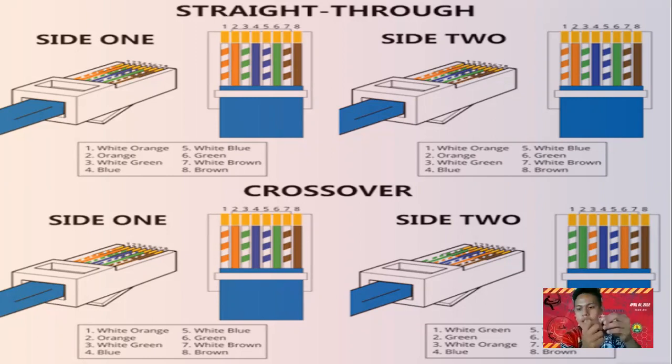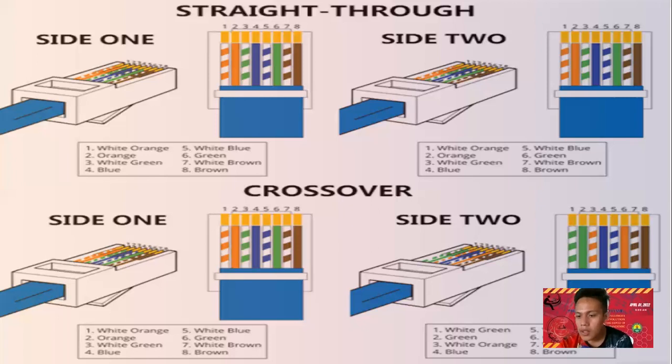So this is a type of straight through. One side of this one is straight through, the other side is straight through. So the color combination of these two is a straight through connection.